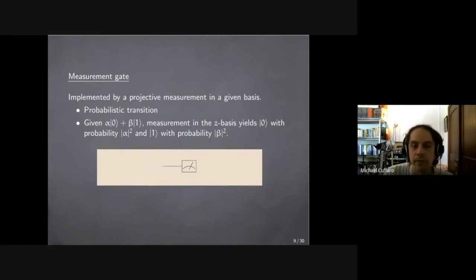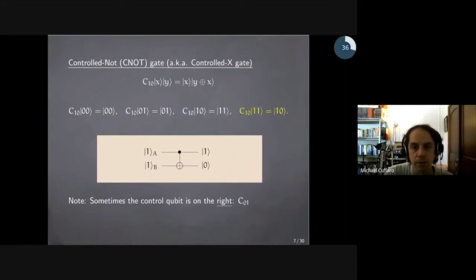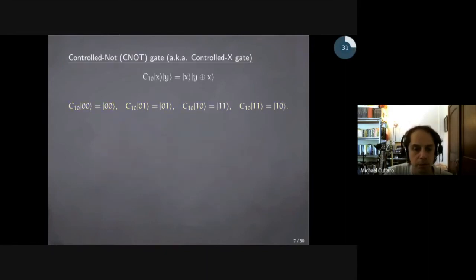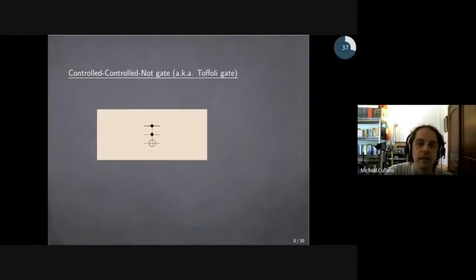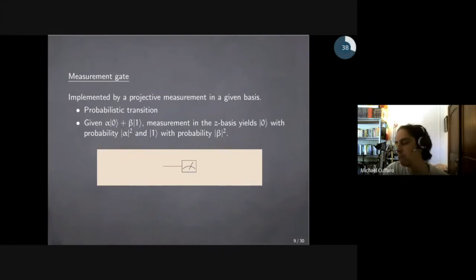And it's going to implement a probabilistic transition. Whereas all of these other transitions are deterministic, like in a deterministic Turing machine, for instance, you can think of the measurement gate as a kind of probabilistic transition, in a similar sense to the way that a probabilistic computer will transition probabilistically.